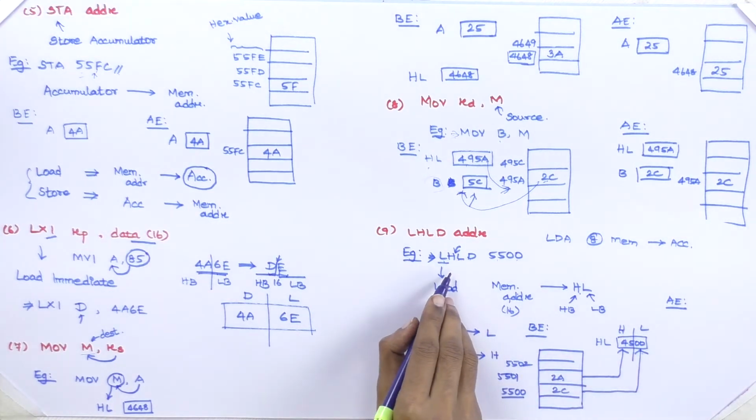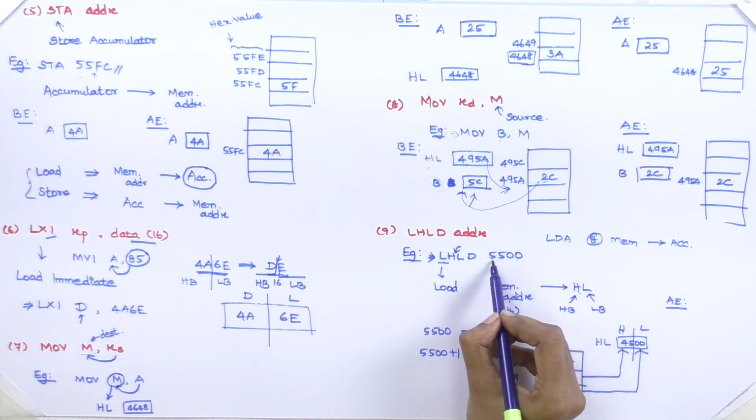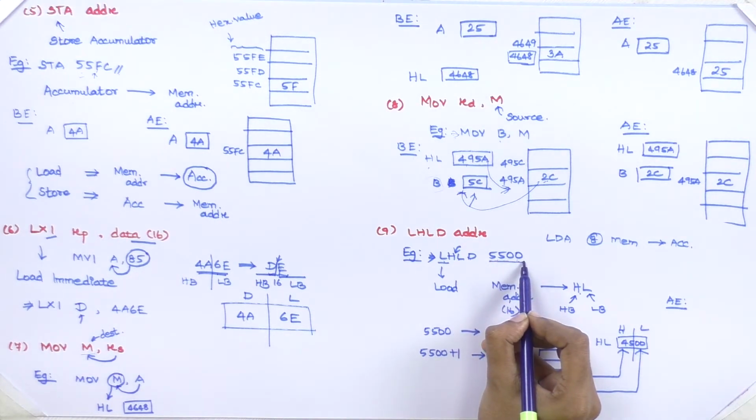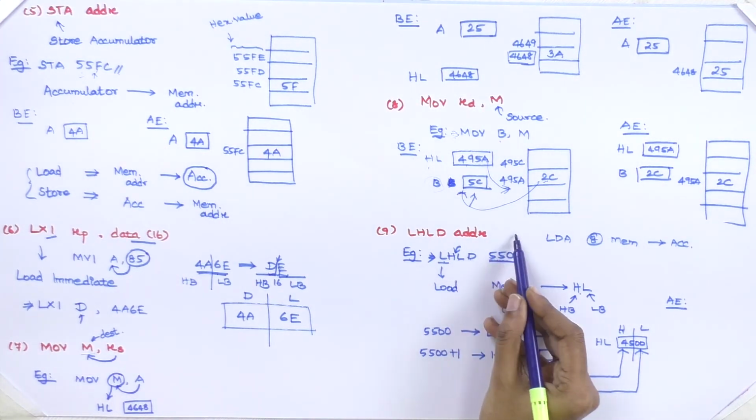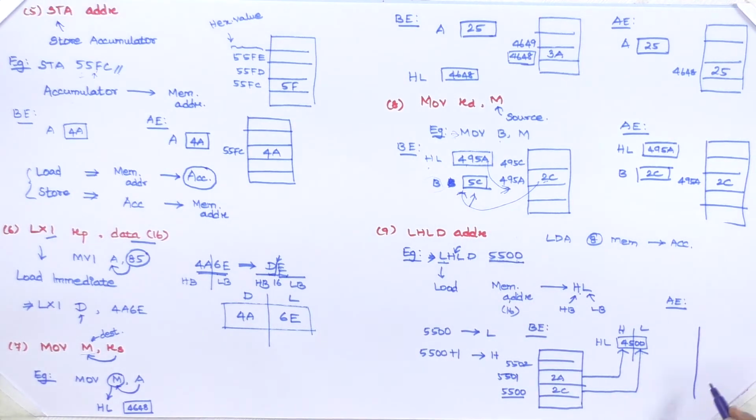So the address mentioned in the instruction will be incremented. After execution, the 5500 value, which is 2C, will be stored in the L register, and 5501, which is 2A, is stored in the H register.